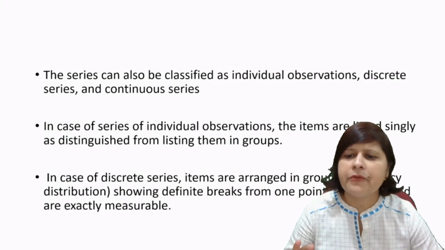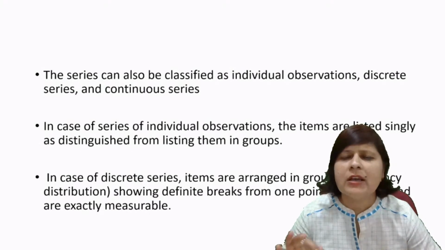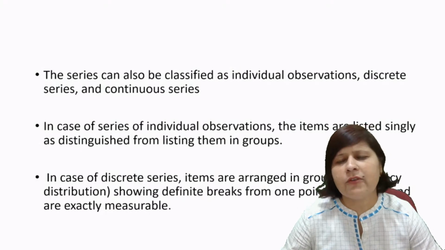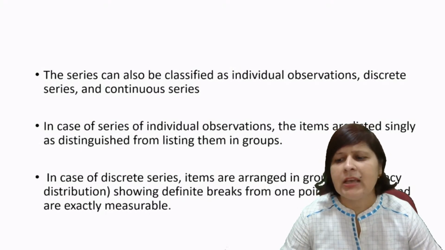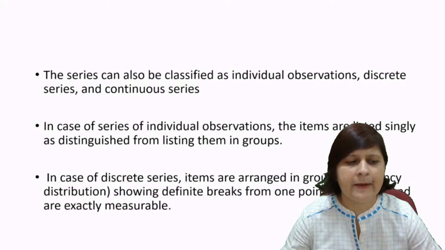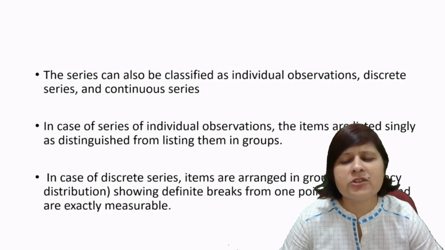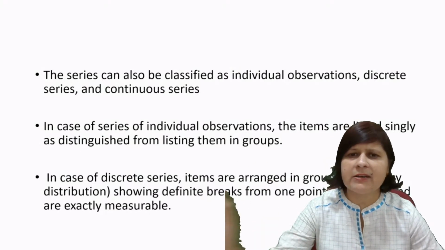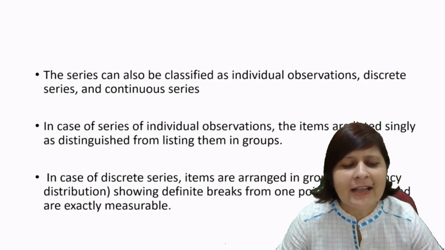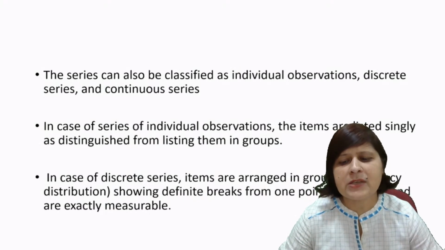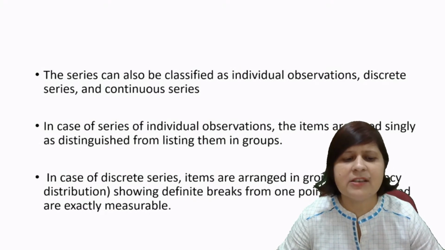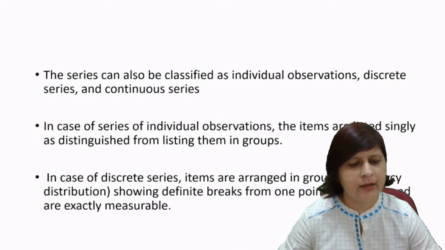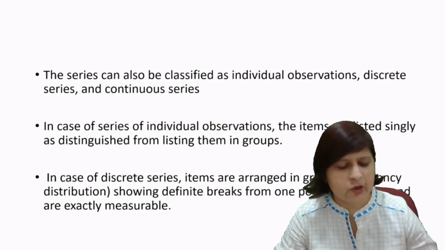In a series of individual observations, the items are listed singly, as distinguished from listing them in a group. While in the discrete series, items are arranged in groups, that is, in frequency, showing a definite break from one point to another and are exactly measurable.